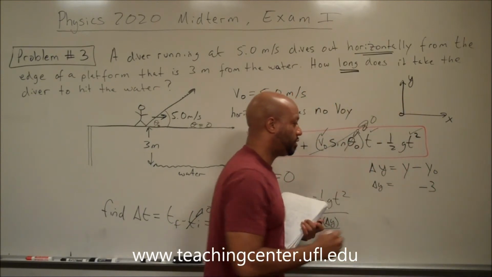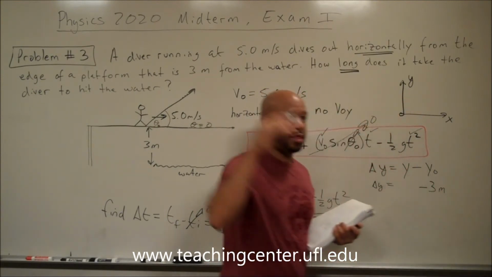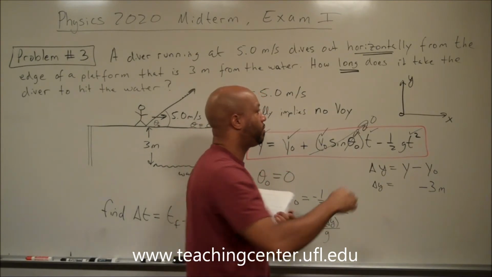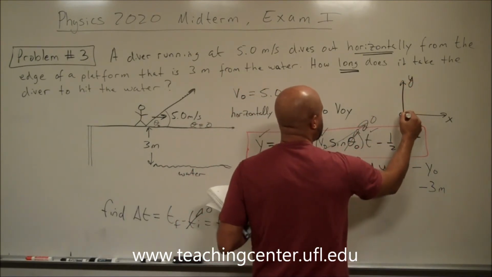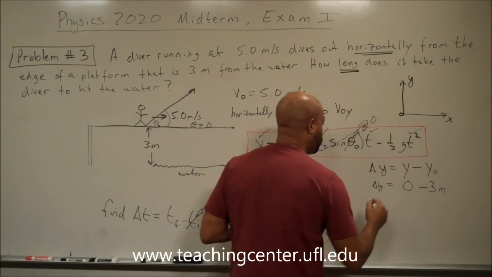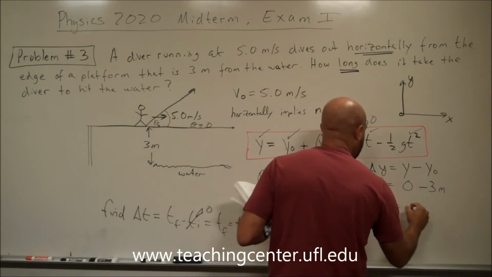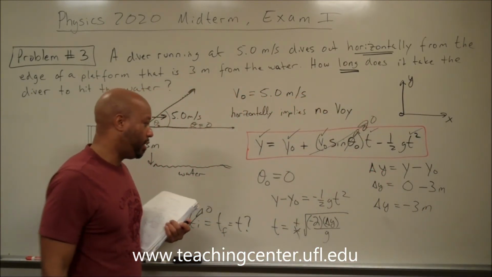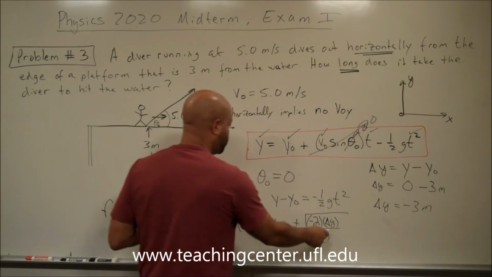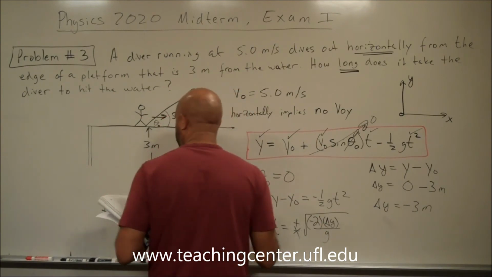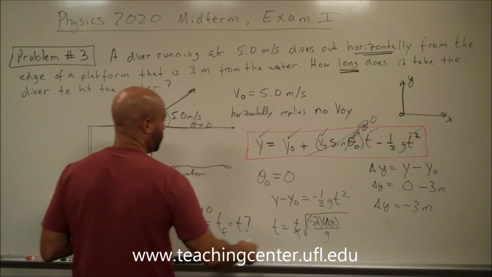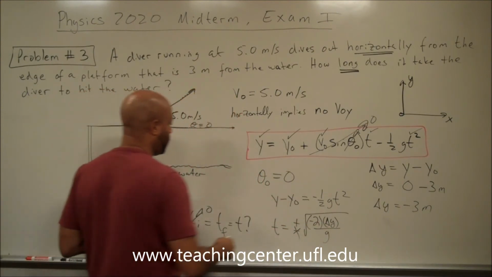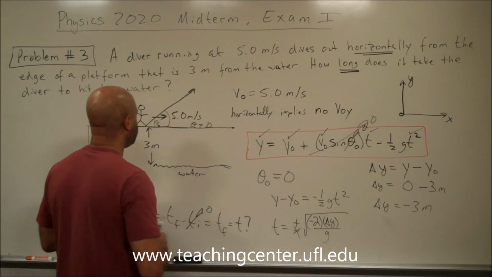Then our final y is where he ends up. He ends up at the water, but the way our coordinate system is set up, that's at 0. So our delta y is actually minus 3. When we substitute this information into the equation for t, we'll get a positive number under the square root.